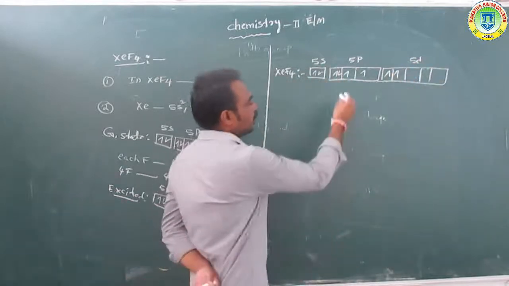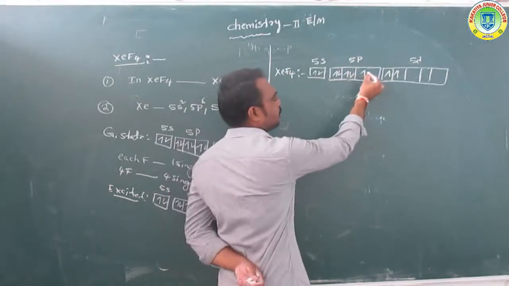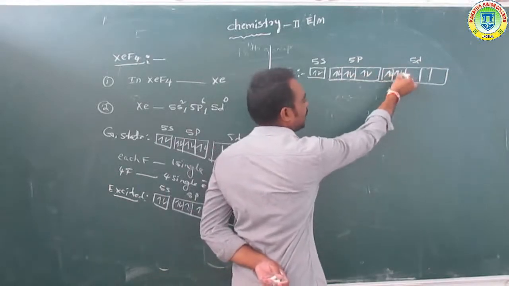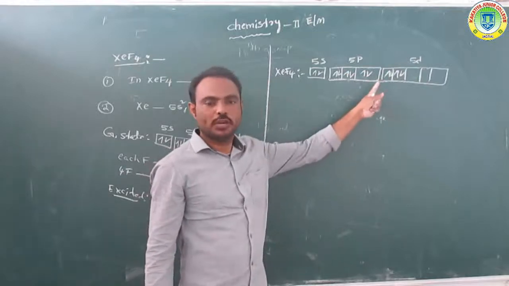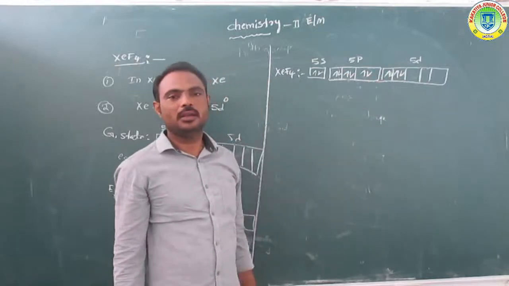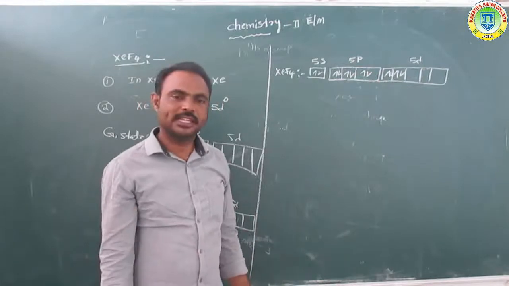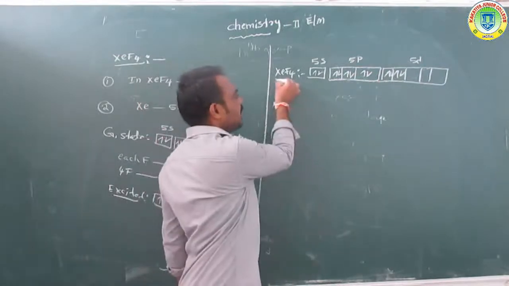The 4 electrons of the 4 fluorine atoms bond with the 4 single electrons of the xenon atom to form XeF4.